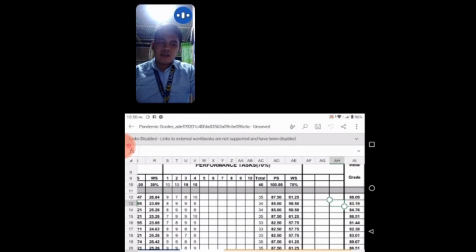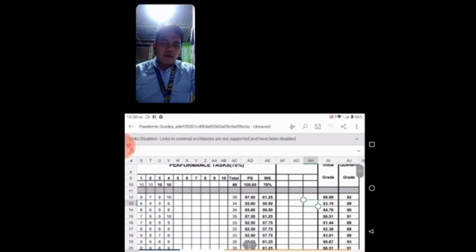She got an initial grade of 88.09, and the quarterly grade is 92, wherein the quarterly grade can be found in the transmutation table, which I will show you later on.